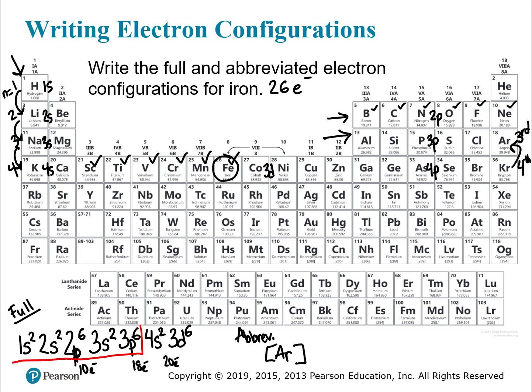So that Ar in brackets is everything from the 1s up through the 3p. Now we just need to fill in everything between argon and iron, everything in that 4th row. And that's the abbreviated version.